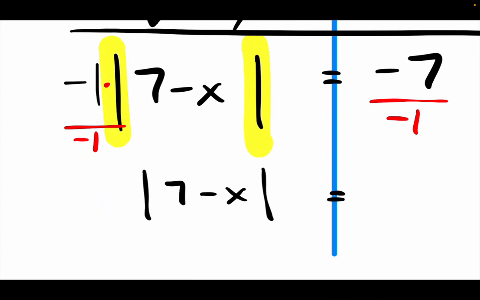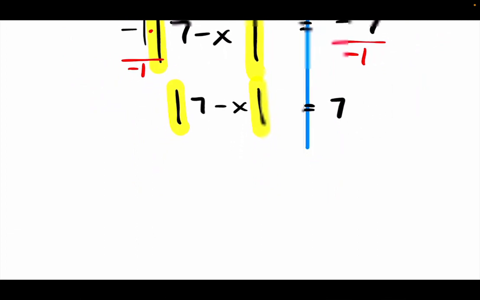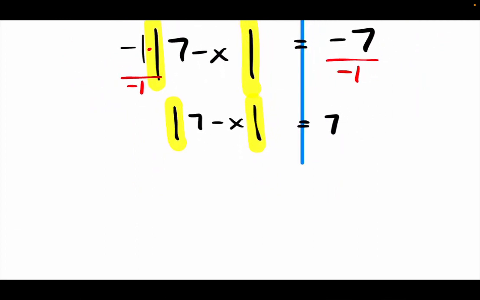Okay. -1 divided by -7 is +7. Now the bars are by themselves. Nothing in front, nothing afterwards. So now you can do step 2.